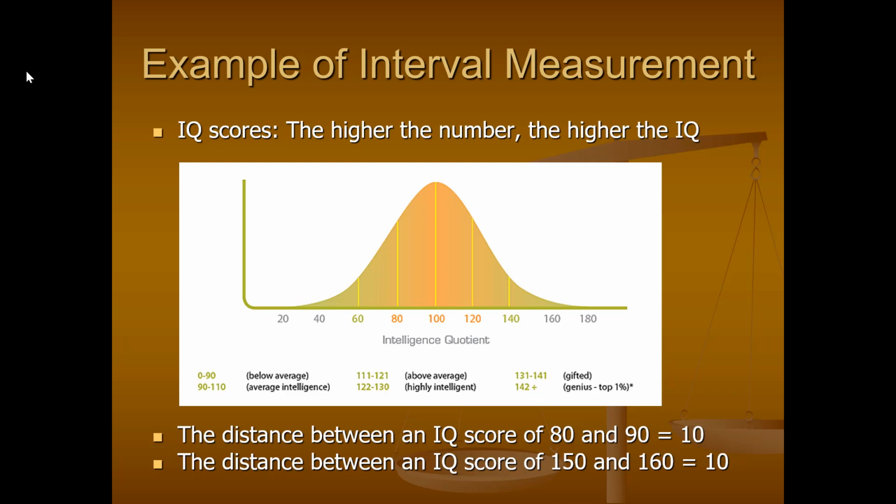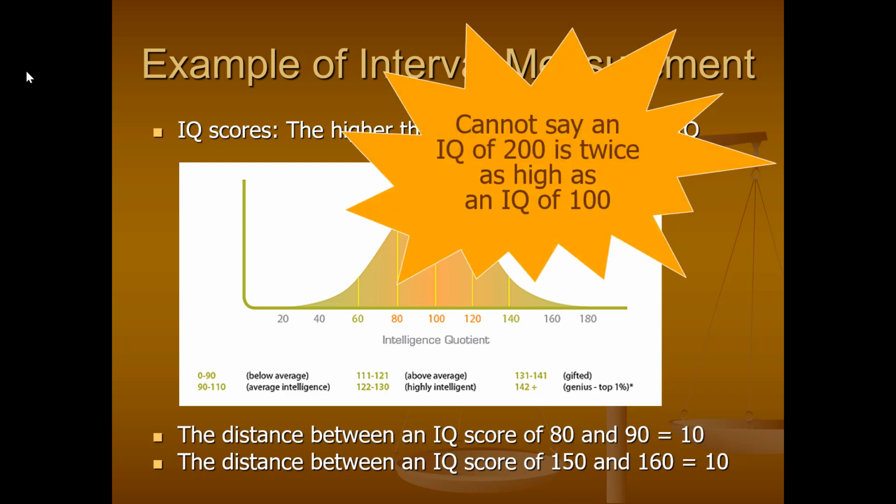Okay? So not only is there an order implied, in terms of the higher the number, the higher the IQ, we have that piece of information. But now when we're going from one number to another, it's the same points. However, we cannot say that an IQ of 200 is twice as high as an IQ of 100.